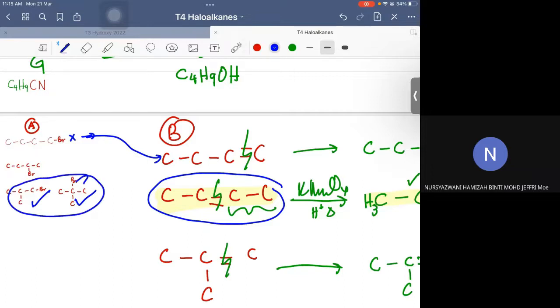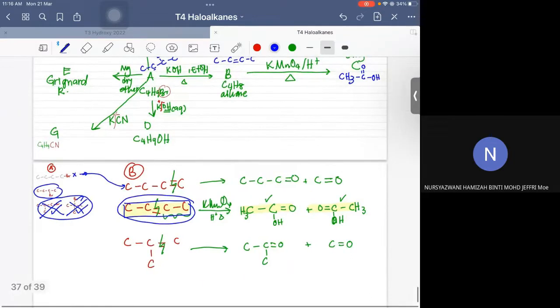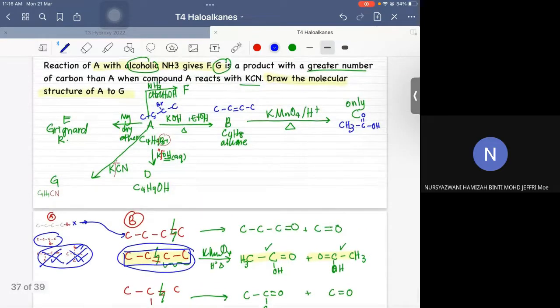Sebab kita nak dapatkan straight chain 4 carbon. So ini disqualified. Therefore, we can choose the BR here. So this is the structure of A. Okay. Dapat structure A. Bila structure A kita dah yakin betul, barulah kita boleh guess structure-structure yang lain.